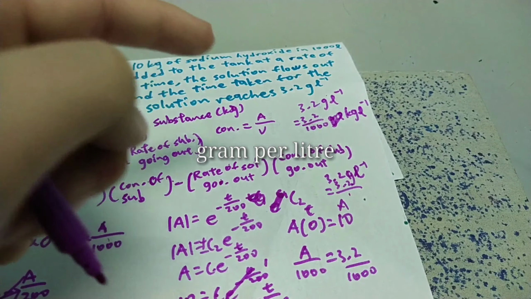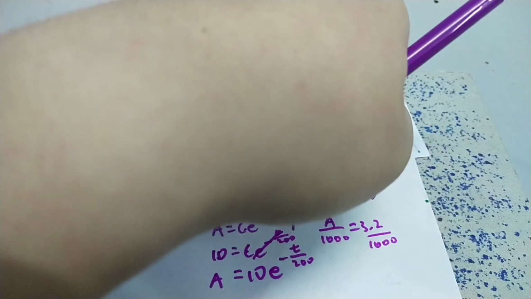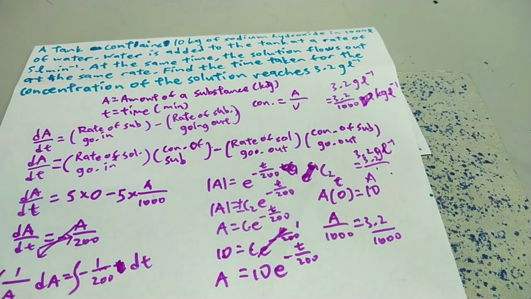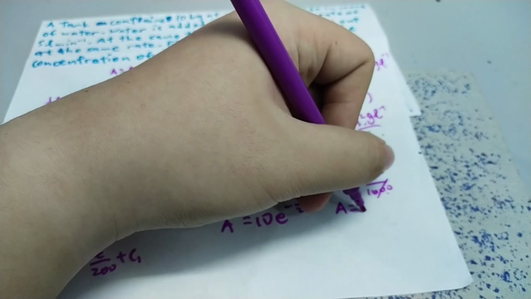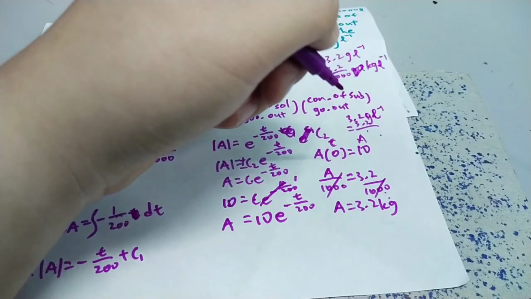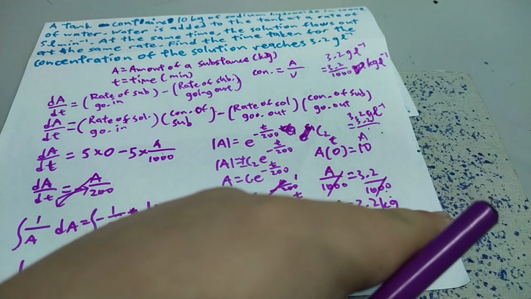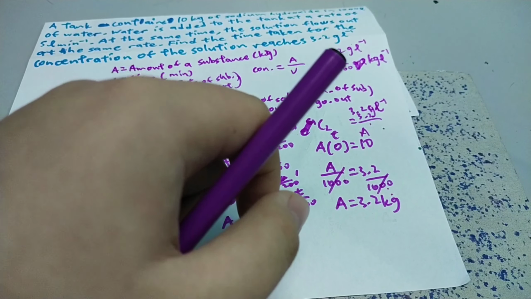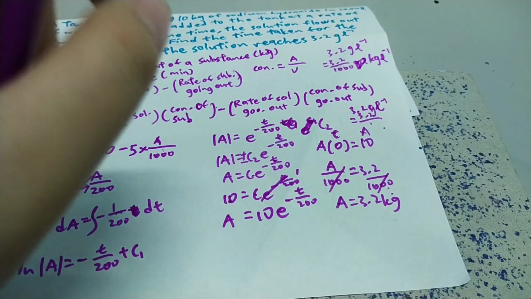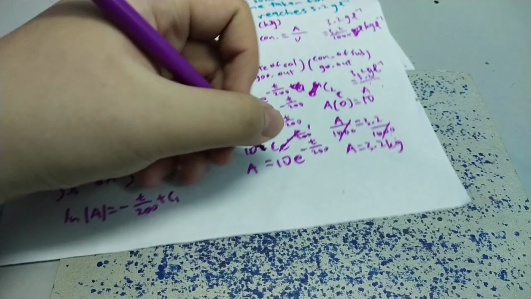But I want A in kilogram, so that's why I have to convert gram per liter to kilogram per liter. And then what we can see is A and 1000 cancel, so our A is going to be 3.2 kilogram, which means that when the amount of sodium hydroxide is 3.2 kilogram, the concentration of the solution is 3.2 gram per liter. So what we can do here is to plug the 3.2 to here.